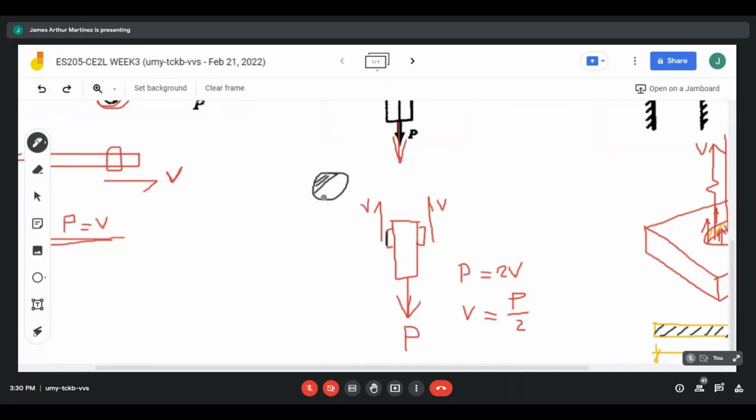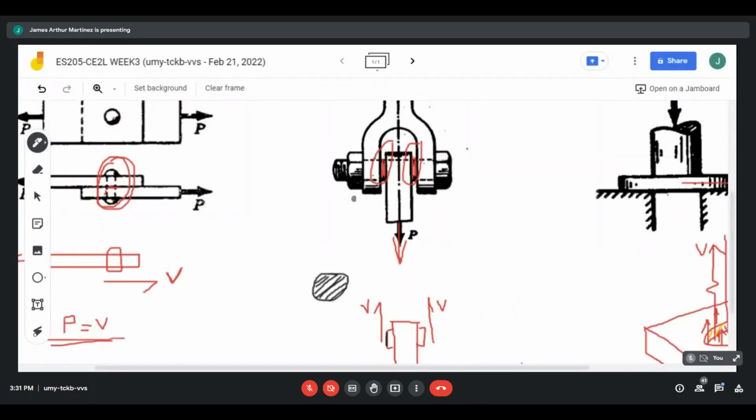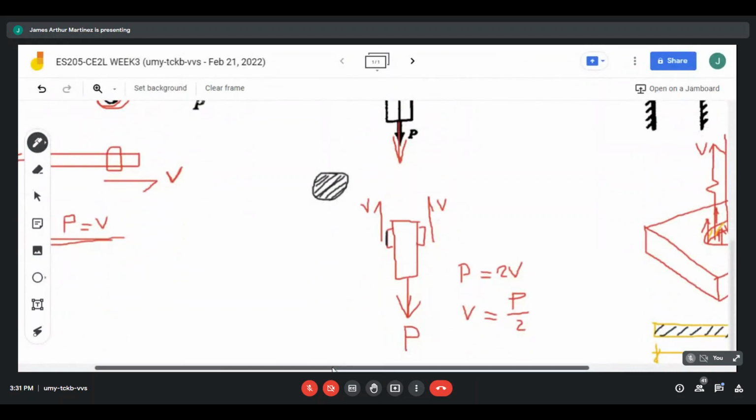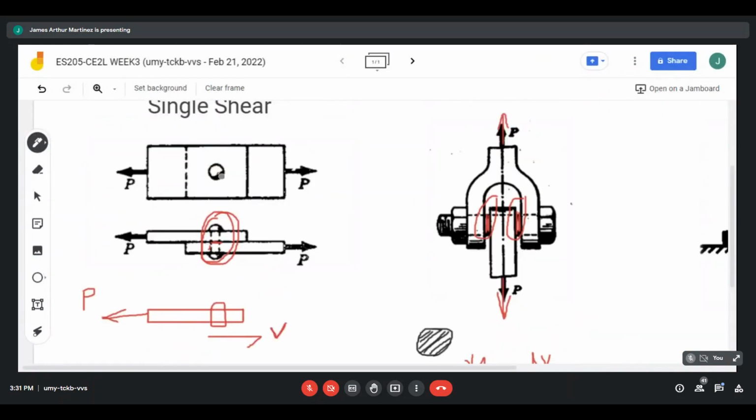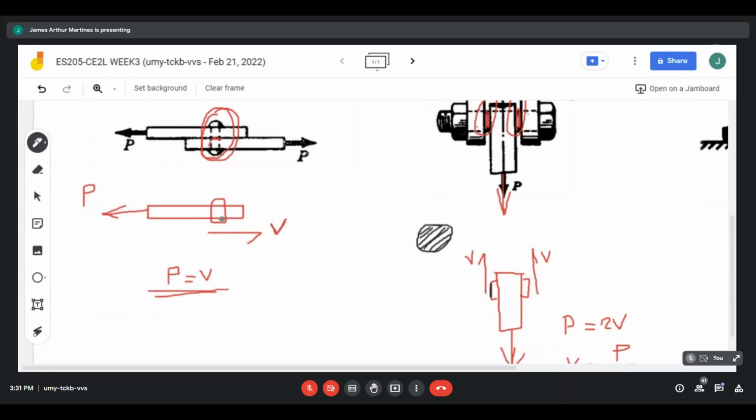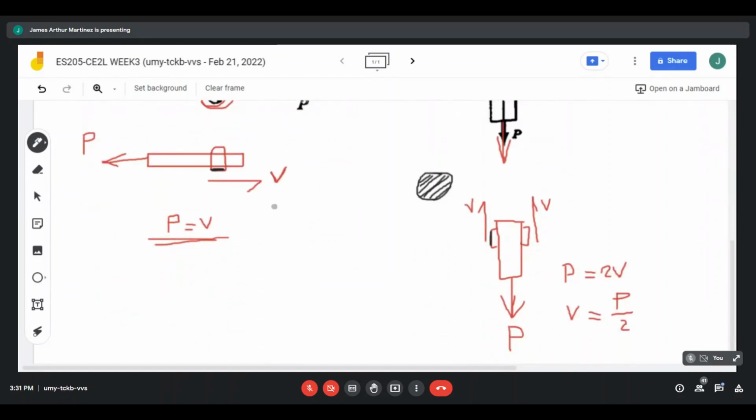So area lang siya sa imuhang cross-sectional area of your pin. So circular lang. So you know the area for a circle. And then for single shear also, since kani man ang ato ang shear force, therefore kani atong i-consider nga area, which means it is just also the cross-sectional area of your bolt or rivet or pin.